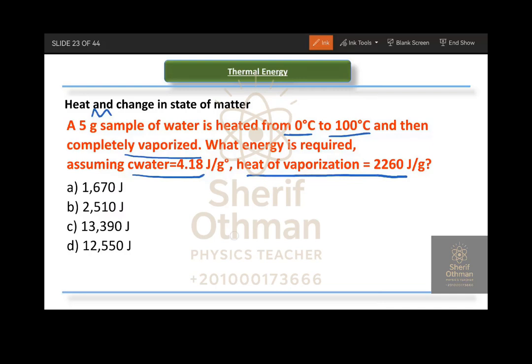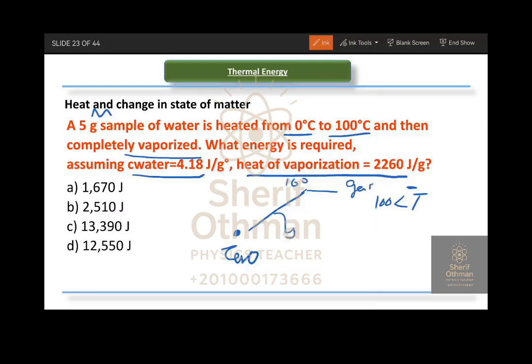So it will move from 0 degrees to reach the vaporization point, which means the temperature will be 100. So we have two processes. One of them is reaching the vaporization point, which is 100, then changing all of the liquid into gas.